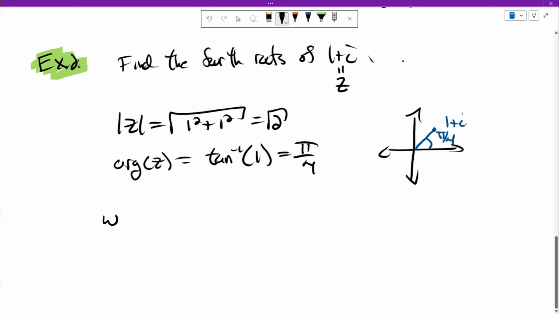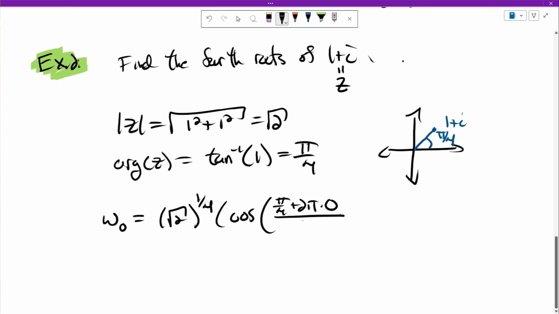We're looking for the fourth roots of 1 plus i, though. And so our formula is we need to take our square root of 2 to the 1/4 power. And then cosine of our angle plus 2 pi times 0, because we're on w naught, over 4, because n is 4 in this case.